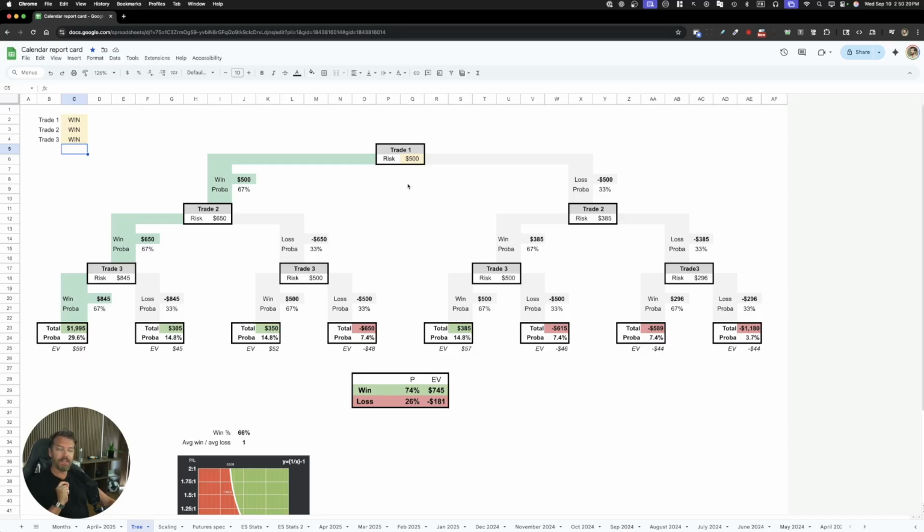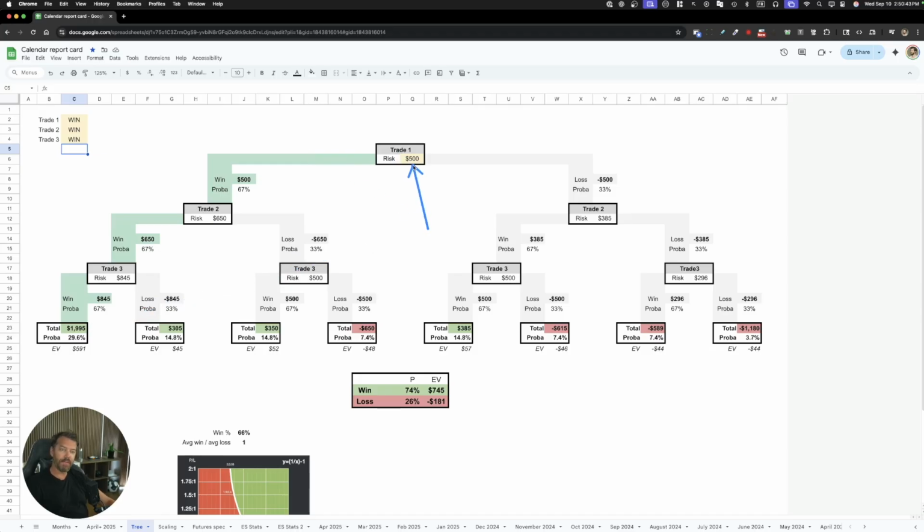So if you increase your risk after having won the first trade, the risk becomes $650. And if trade number 2 is a winning trade, then the risk goes to $845. If your 3 trades are profitable, it's $2,000 in profit.